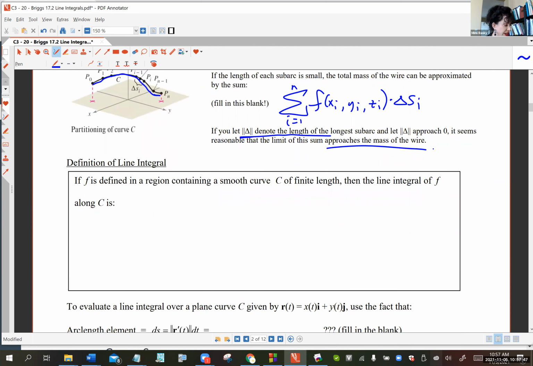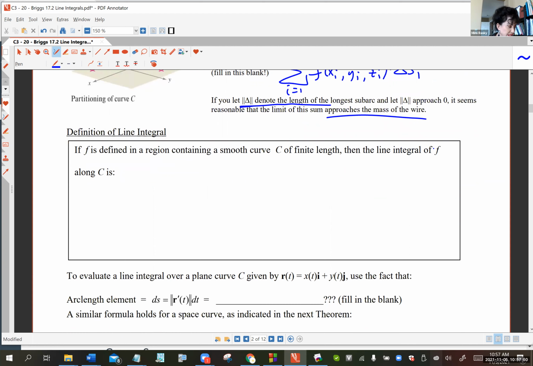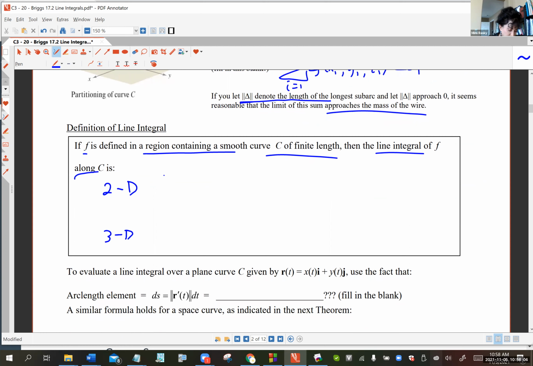So here's the definition of the line integral, taking a limit. So you've got f defined on a region, it's a smooth curve of finite length. Then the line integral of f along c is, and I'll give you the 2D version and the 3D version so you can handle both. When you're looking at a line integral, you're going to see an integral symbol, just like Calc 1 or Calc 2. But then you're going to see an uppercase C located at the bottom of the integral symbol. And that is a nice way of denoting that it is a line integral and not one of those regular integrals from your Calculus 1 and Calculus 2 days.